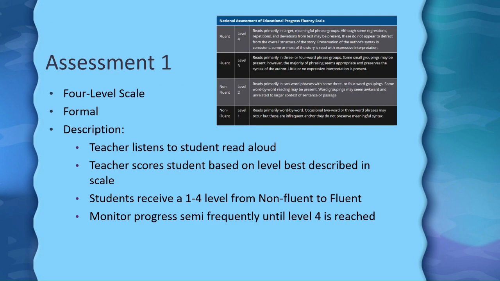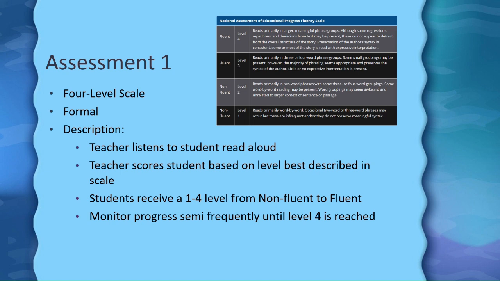So our first assessment is a formal one, and it's the 4-level scale. For this one, a teacher will listen to the student read aloud and scores the student based on the levels described in the scale. And it's based on a 1 through 4 level from non-fluent to fluent. And then progress for this can be monitored semi-frequently until level 4 is reached.